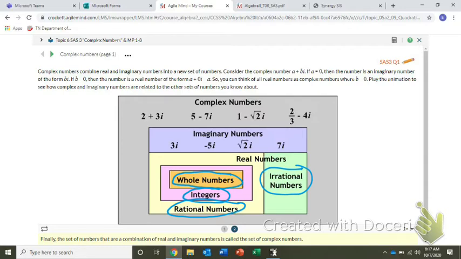The 0.7. It's 2 things. 3 things, really. It's a real number. It's an integer. And is it rational or is it irrational? So rational means it stops or it repeats. And irrational is just a crazy decimal. Rational. It's rational. Just stops.